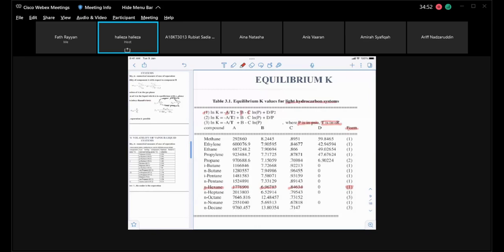And the temperature in the example is 25 degrees C. Now you need to change that to degrees Rankine. Then you should be able to get your K value from the equation. So you have these three methods of getting the K, or the equilibrium constant, for a hydrocarbon system. Any questions so far?